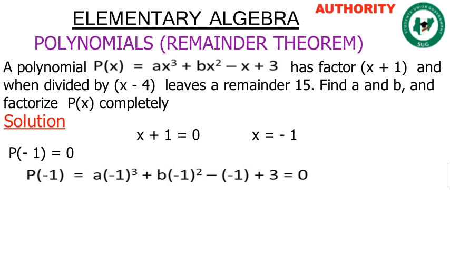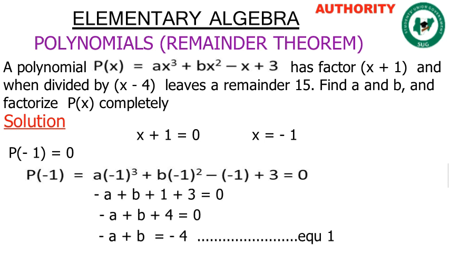Now let's go. Minus 1 raised to power 3 is minus 1, and times a gives minus a. Minus 1 raised to power 2 gives 1, and 1 times b gives b. So minus a plus b. Then minus times minus 1 gives plus 1, so we have plus 1 plus 3 is equal to 0.